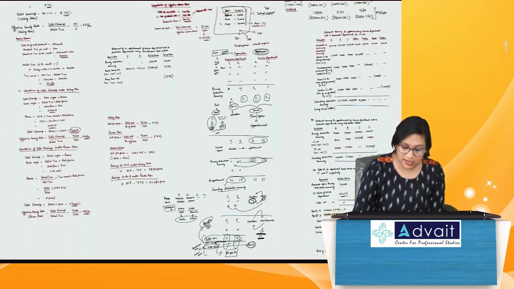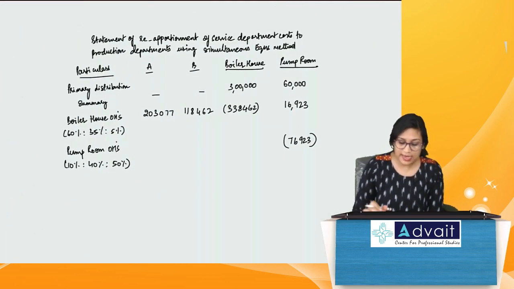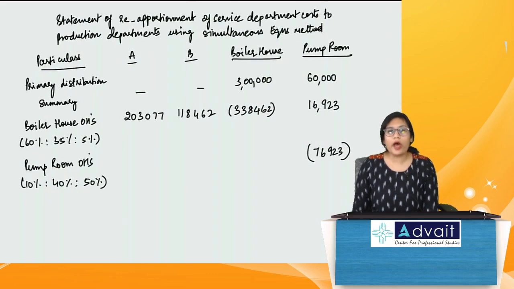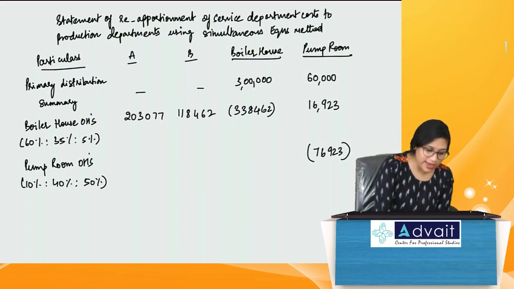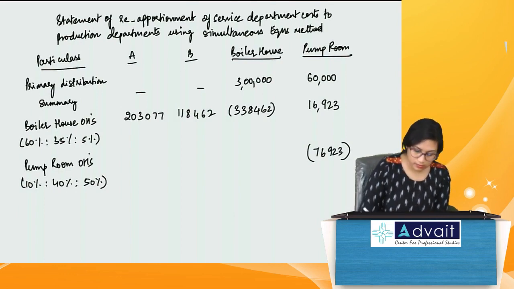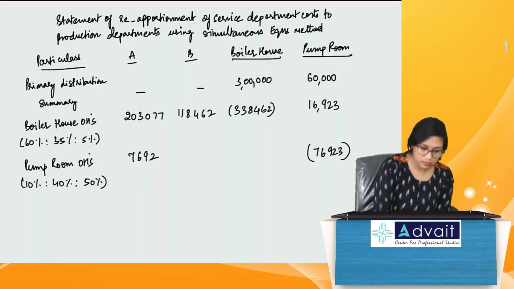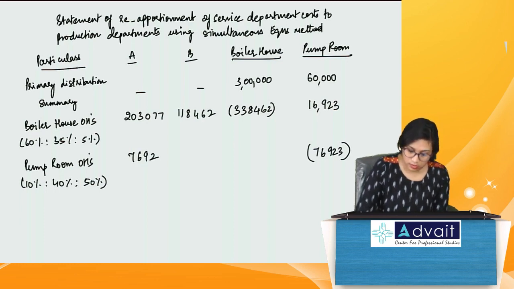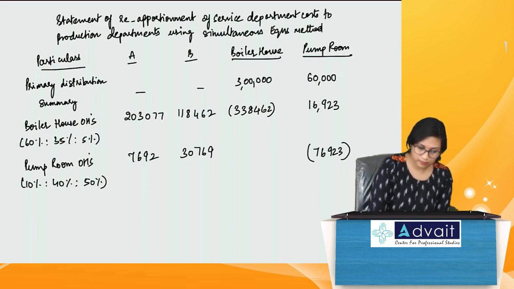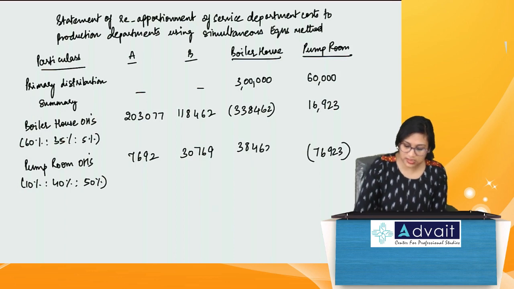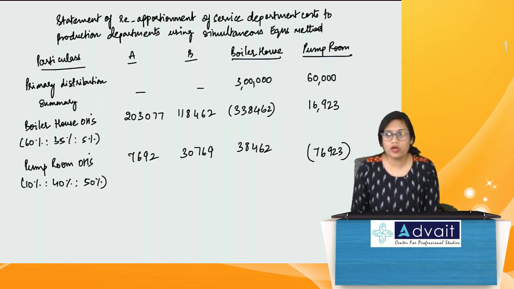So 76,923. Now this will be distributed between A, B and boiler house in the ratio which is given. Let's do it. 7,692, 30,769 and 38,462.